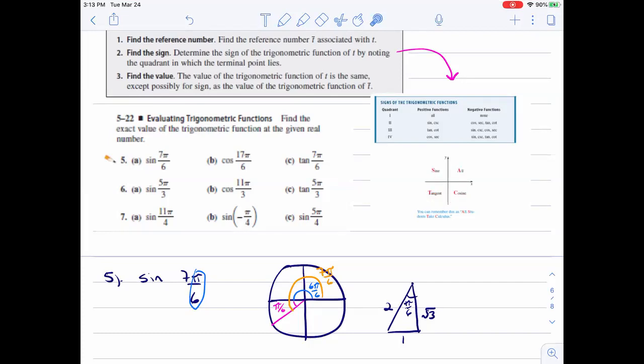So you can remember it as all students take calculus. Some elementary or high school teachers use CAST, starting down here, but to me it makes more sense to start in the first quadrant. And so this is how you'll be able to remember which ones are positive in which quadrants. So sine is only positive in the first and the second quadrants.